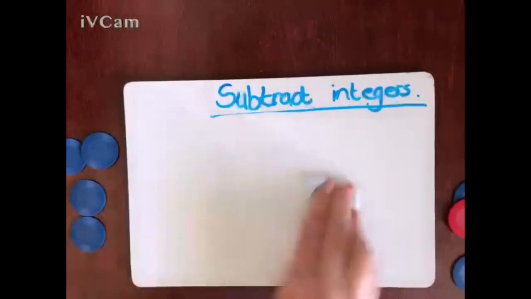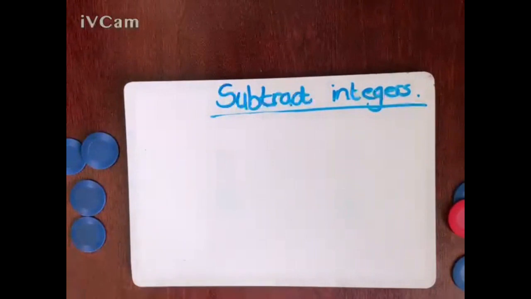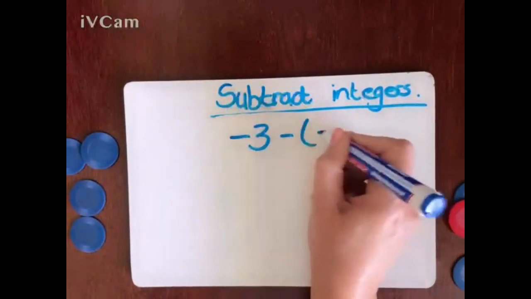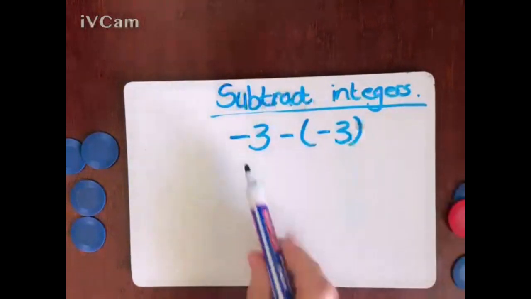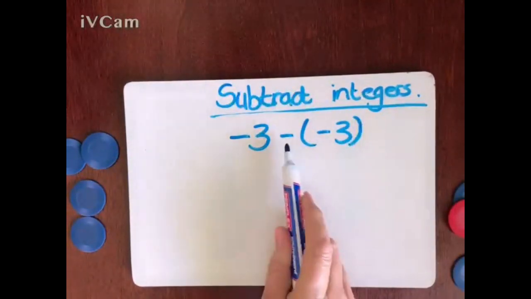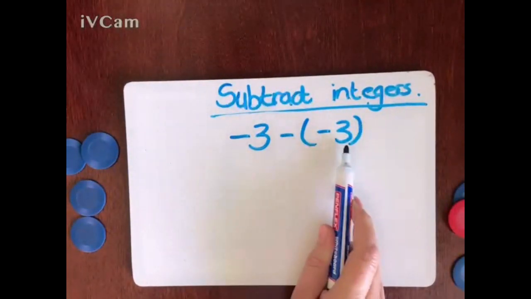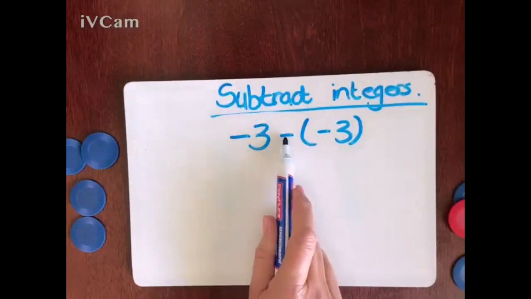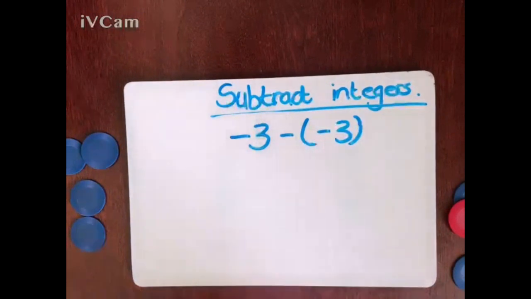Right. Let's do another one. -3 minus -3. I've got 3 red Smarties, and I'm giving away 3 red Smarties.